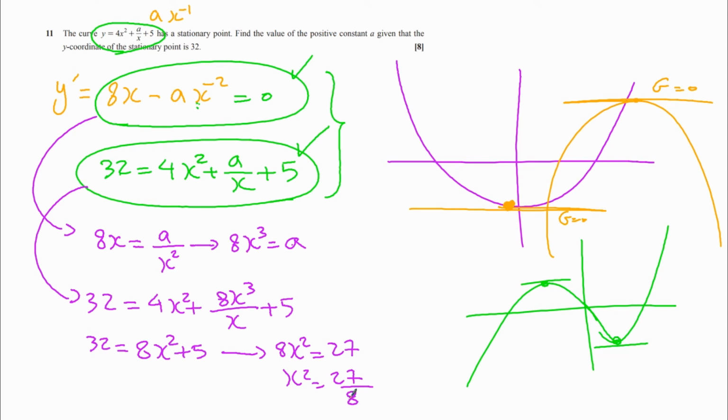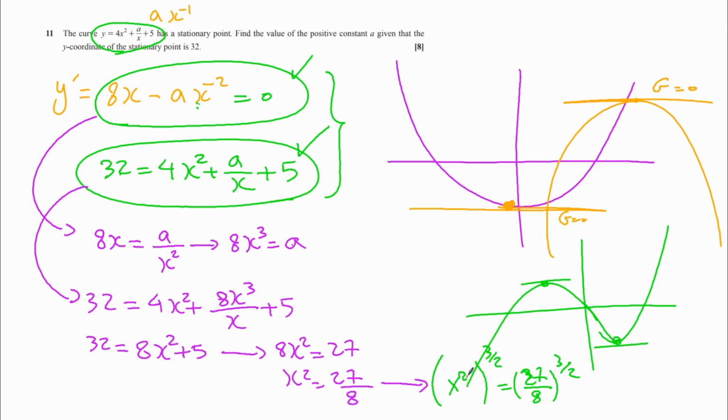Just to look at a bit of algebraic work, which is really the main objective of Core 1: if I raise both sides to the power of 3 over 2, this would be 27 over 8 to the power of 3 over 2, and that equals x squared to the power of 3 over 2.